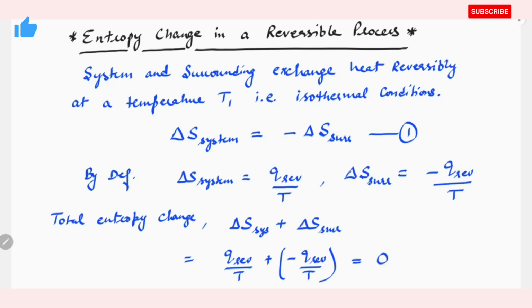That means in a reversible process, total entropy change is always equal to 0 because the amount of entropy increased in the system is offset by the similar entropy change in the surroundings. Therefore, there is no entropy change in a reversible process which is occurring at isothermal conditions.